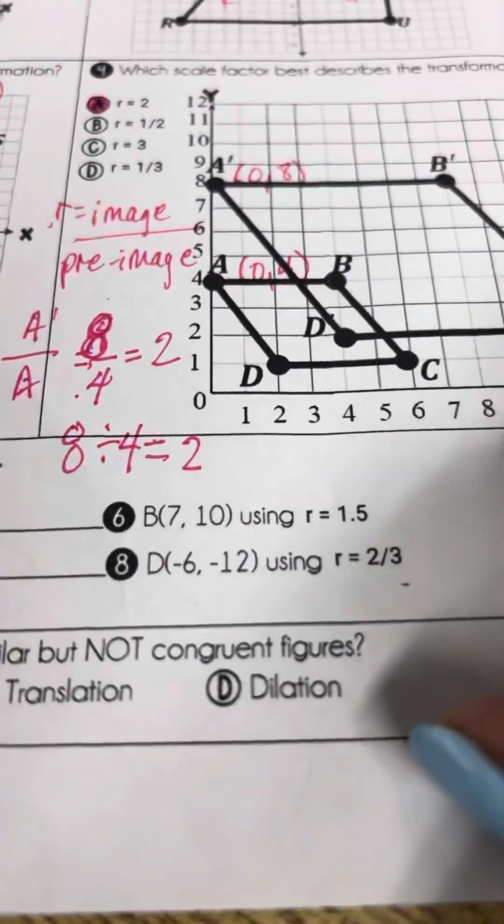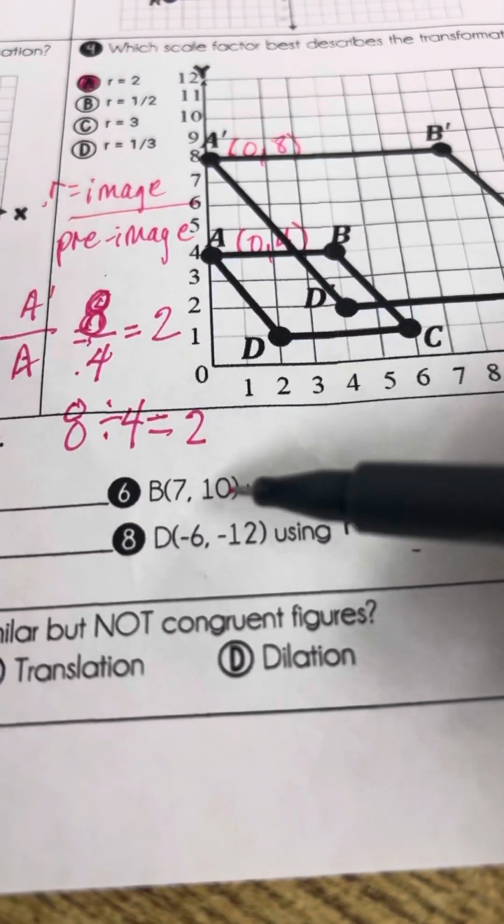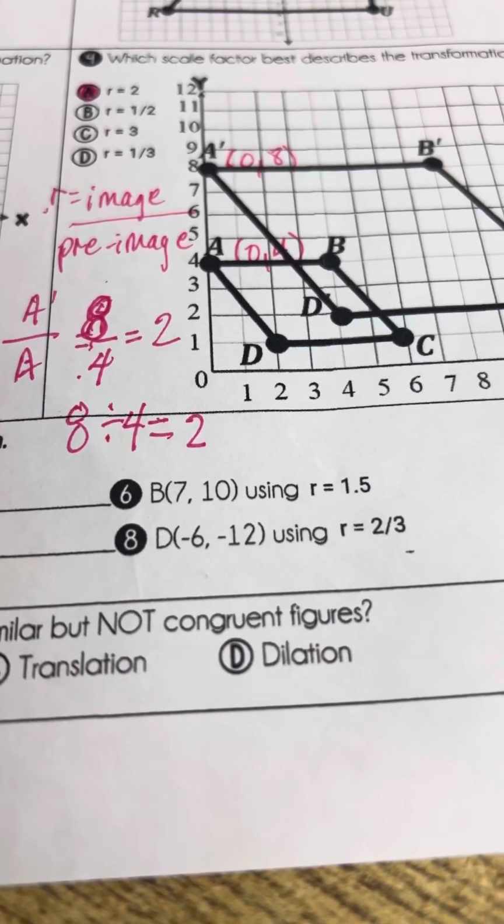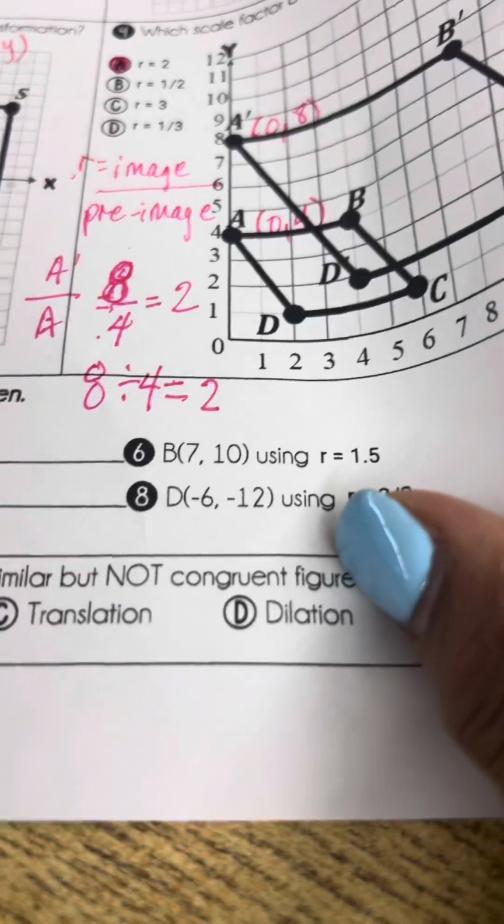Okay. Now here we are multiplying. We had some trouble on here, so I'm going to do 6 and 8 on the back. So 6 says B is 7/10. So B is the ordered pair 7/10, and has a scale factor of 1.5.